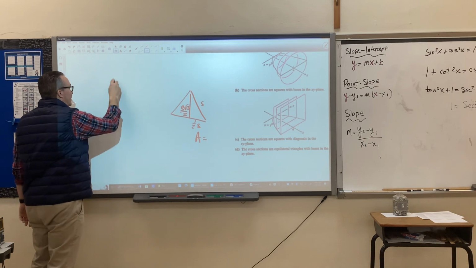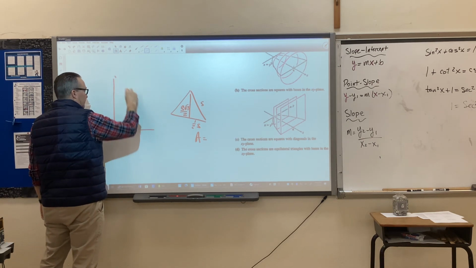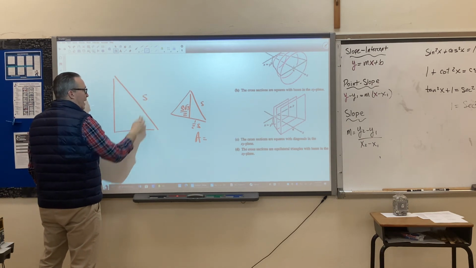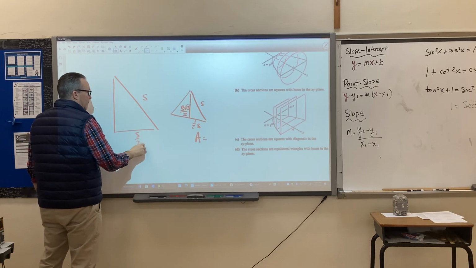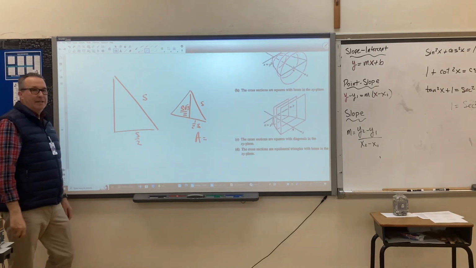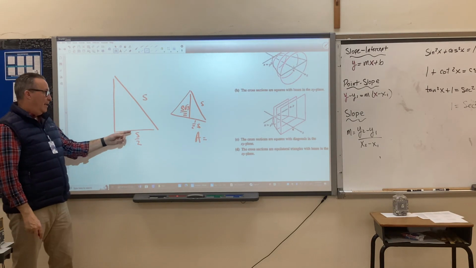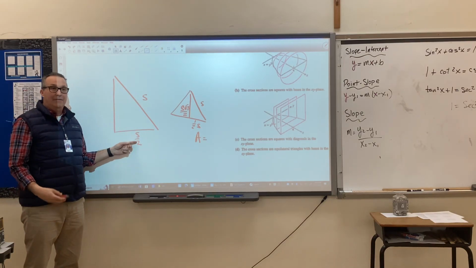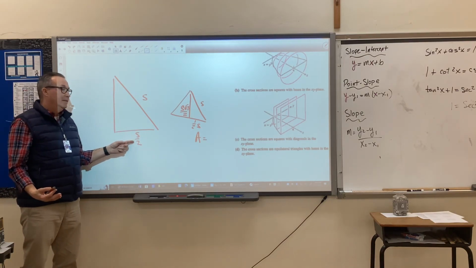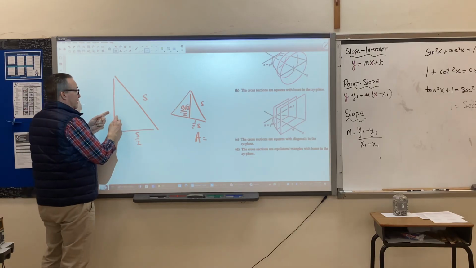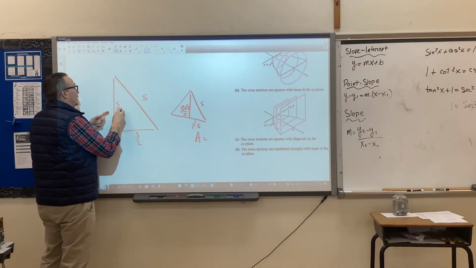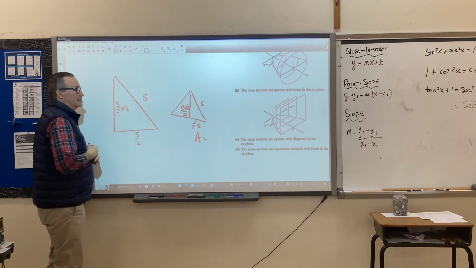Okay, we get to this. If this is the side s, the shortest side is s over 2, the longest side is s, and the height is the shortest side times the square root of 3.